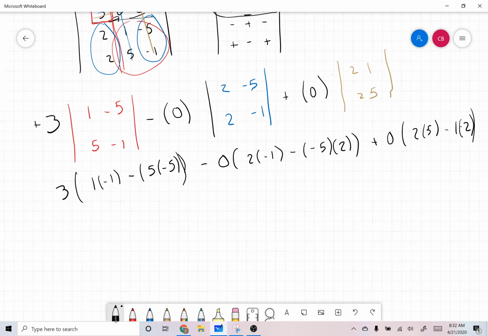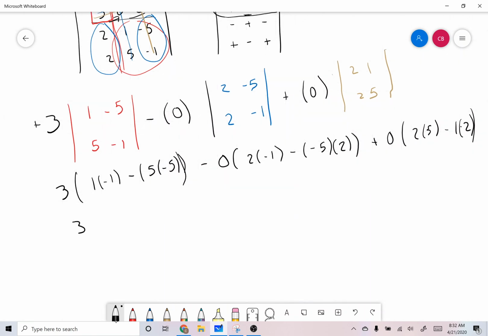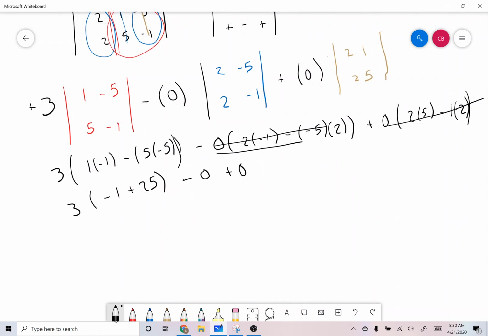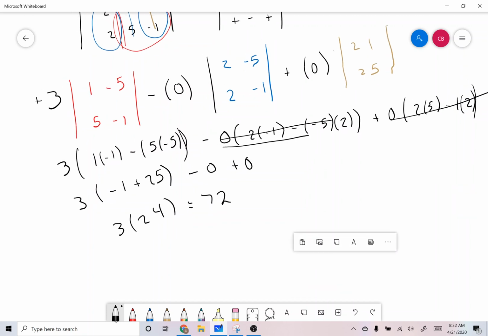So this is going to be 3 times negative 1 plus 25, minus 0 plus 0, right? Because this is 0 times this. Who cares what this is? This is 0 times that. That's 0. Which finally gives us 3 times 24, which is 72. So that should be our answer for that.